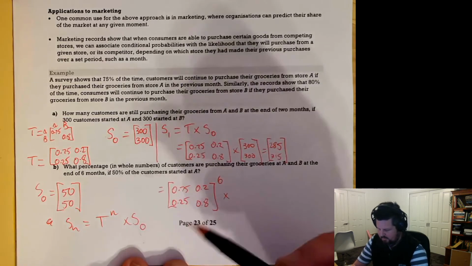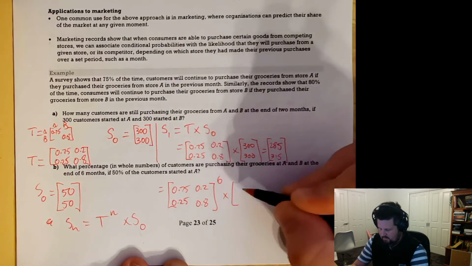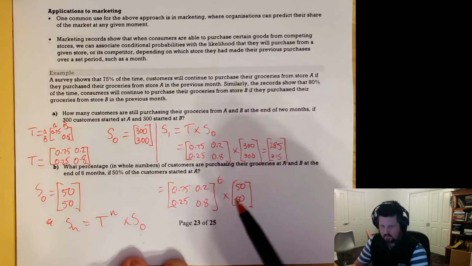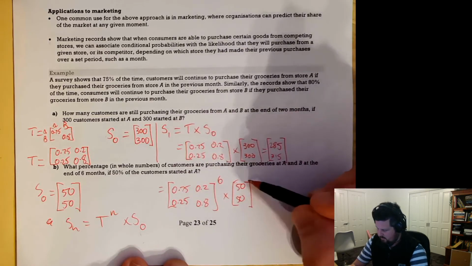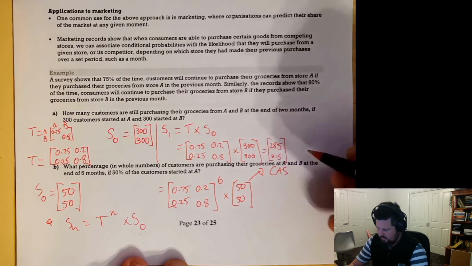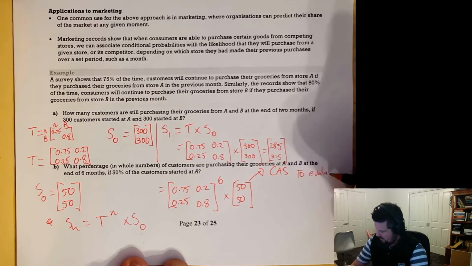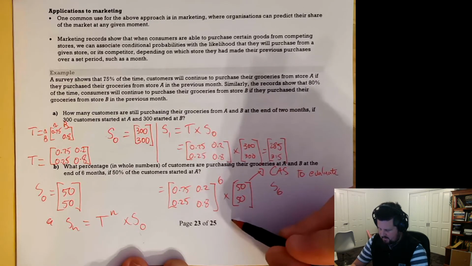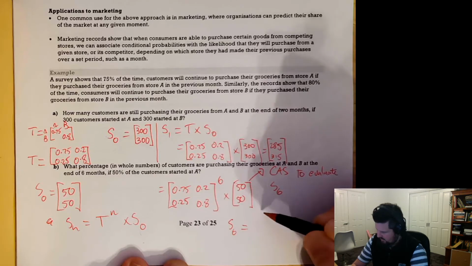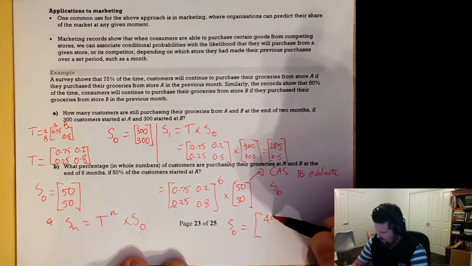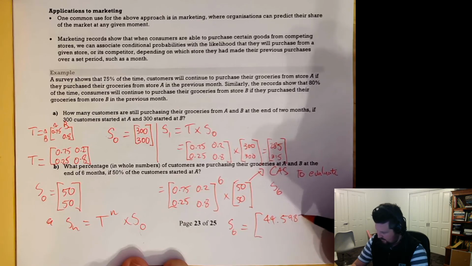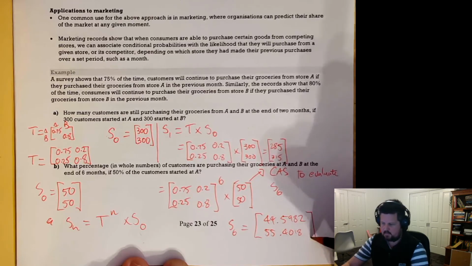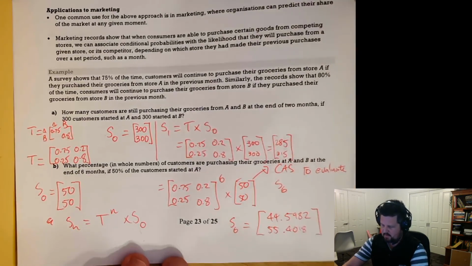In this case, it was 50% of customers at A, 50% of customers at store B. So you'd plug this into your CAS calculator to evaluate S6, and what you'd get is S6 is equal to 44.5982 and 55.4018. And again, you can't have that decimal number of people.